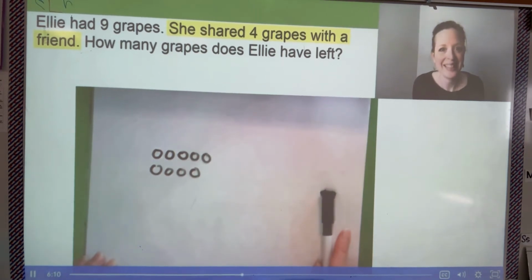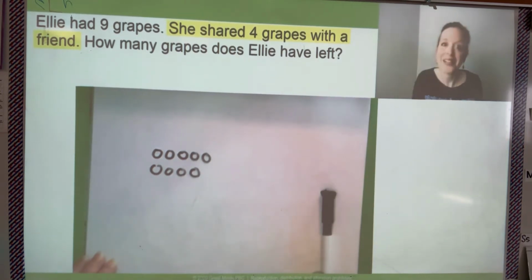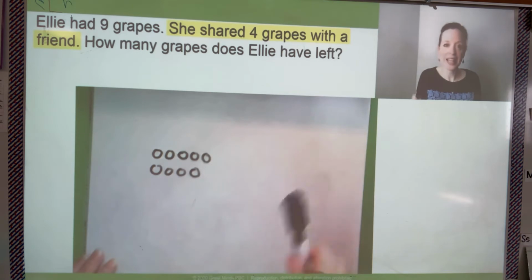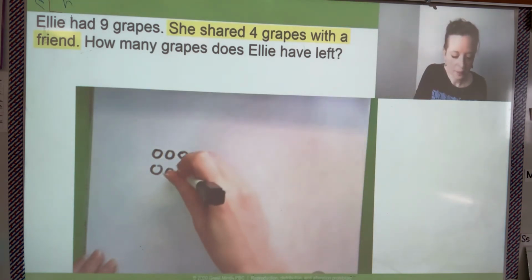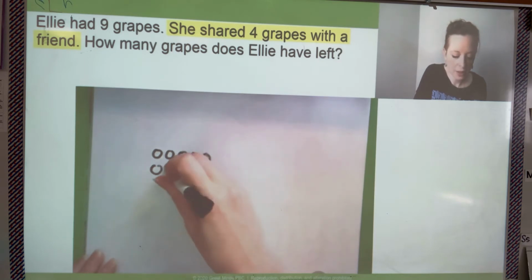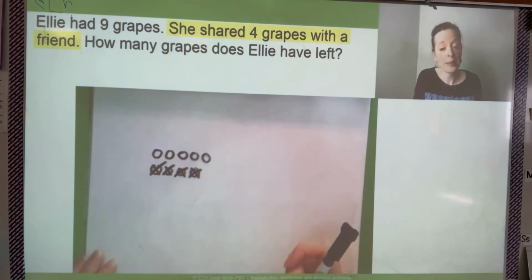Tell me your idea. I'm listening. Great idea. Let's cross out 4 grapes. So let's take our marker and cross out 1, 2, 3, 4. These are the 4 grapes that I'm crossing out, but you could cross out different grapes as long as it's 4.